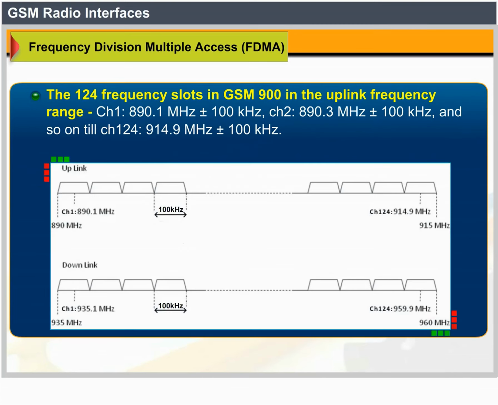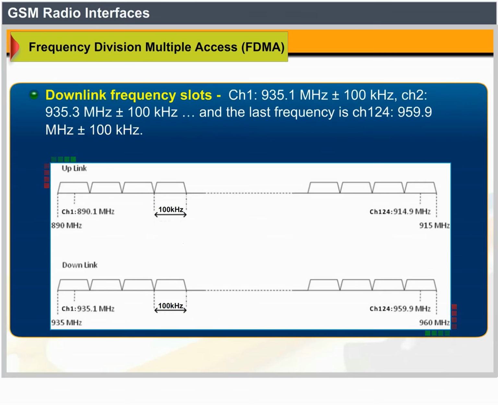The 124 frequency slots in GSM 900 in the uplink frequency range: channel 1 is 890.1 MHz plus or minus 100 kHz, CH2 890.3 MHz plus or minus 100 kHz, and so on till CH124 914.9 MHz plus or minus 100 kHz.